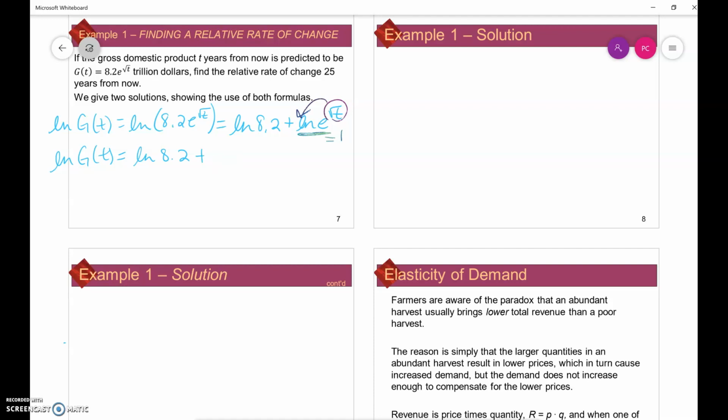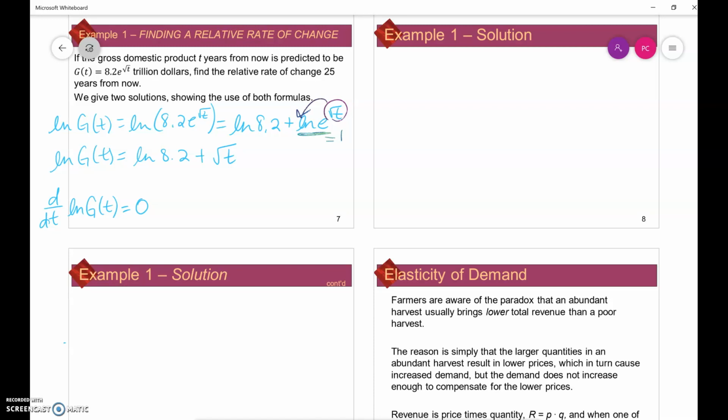T, not 2, sorry. And now we can take the derivative. So if I take the derivative of ln of g of t, both sides, we end up with the ln of 8.2 is just a constant, and remember the derivative of a constant is 0.